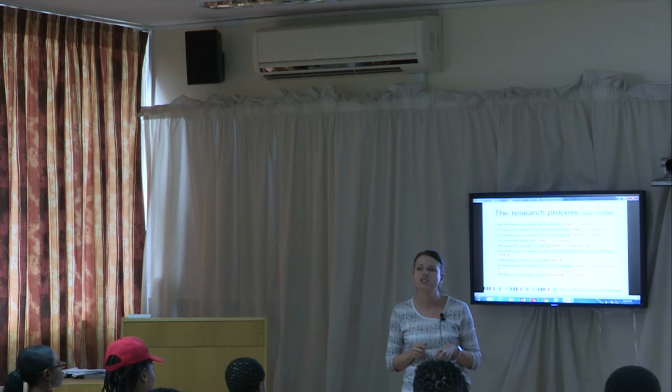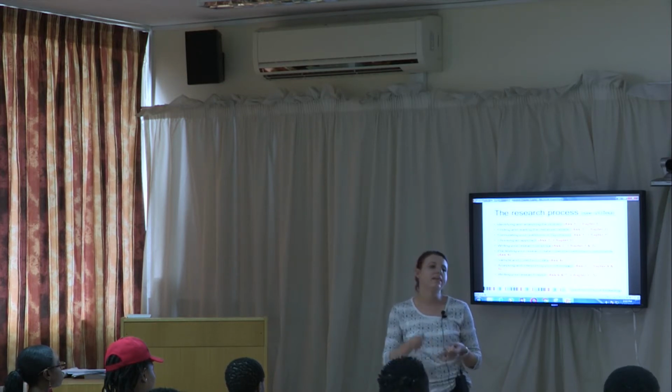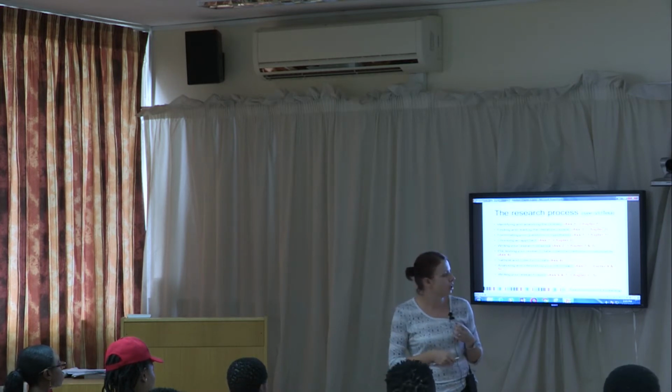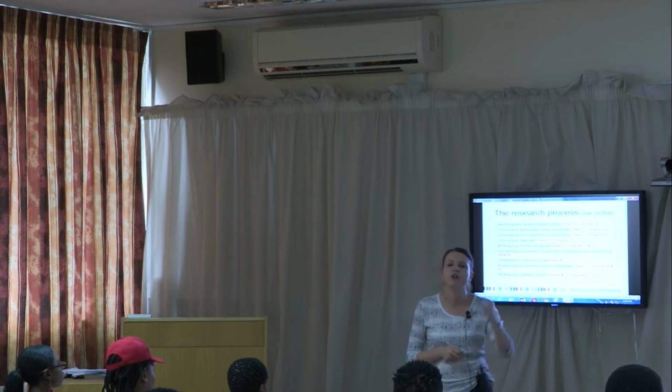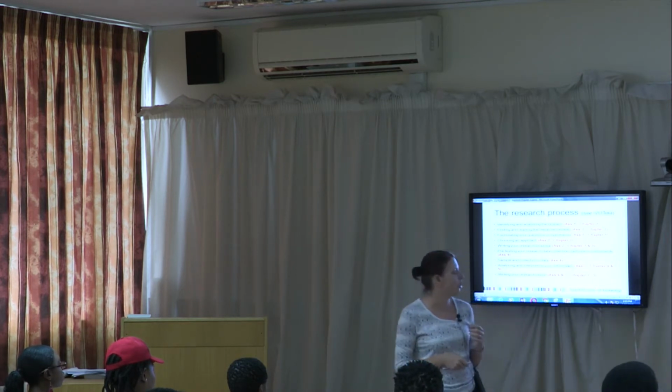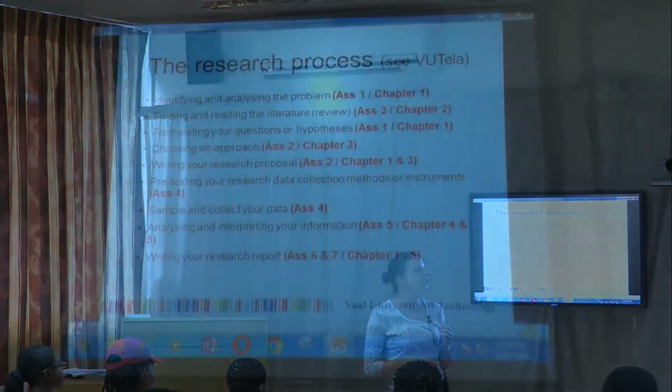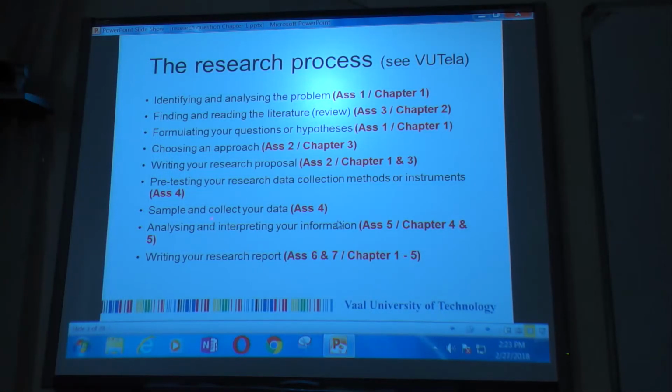So you need to determine how many respondents you need, and then where you are going to find them. Okay, so that is your sample. It's a smaller representative group of people of the larger population that you are targeting. And then you're also going to collect your data from that sample. Okay, and that is part of your assessment 4.